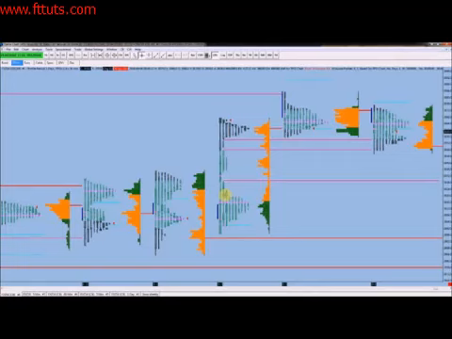Now, of course, because we had found balance, it was never going to turn into a trend day. Only one of two things on that day could happen: triple distribution or double distribution. Can't turn into a trend day because it's already found balance.